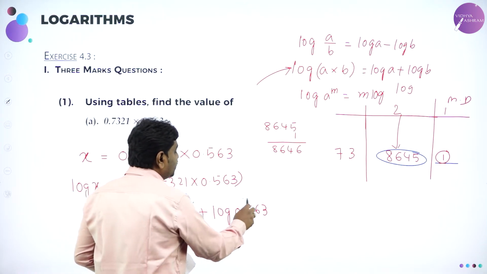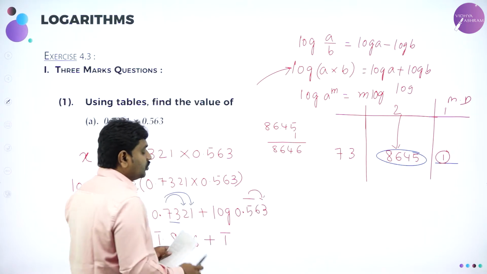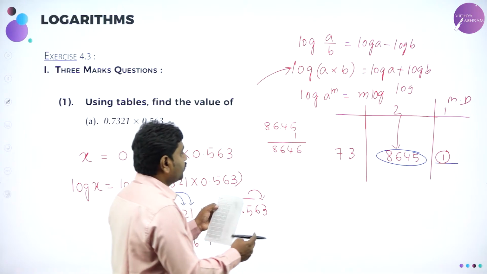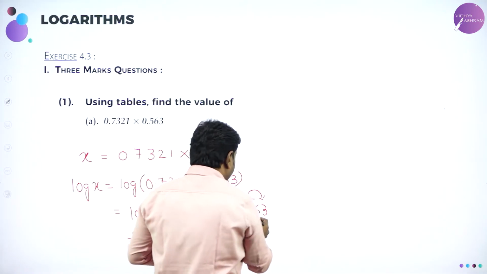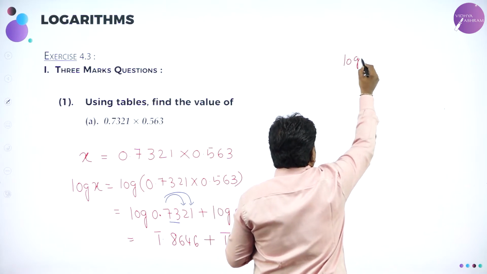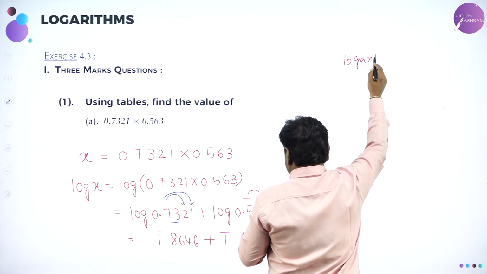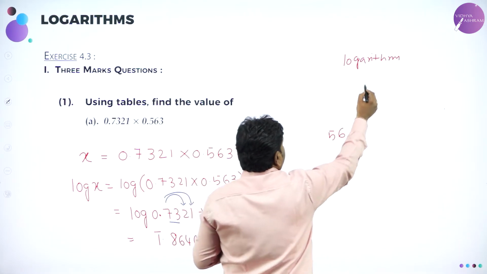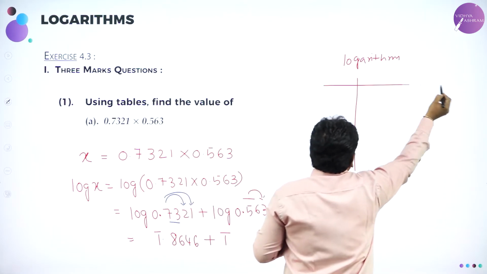Now we should see 56 under 3. So use the log table. In the log table we need 56 under 3. In the heading logarithms, 56 under 3.